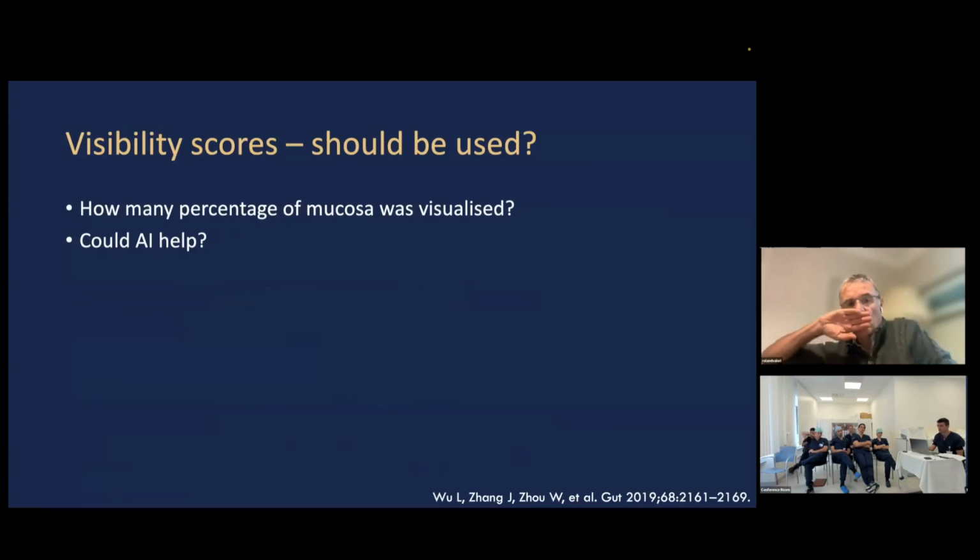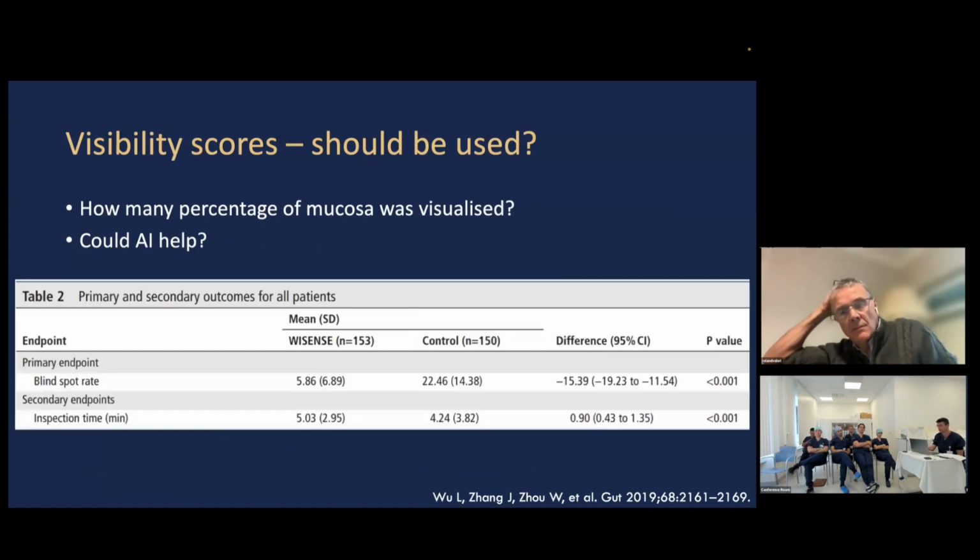Basically, they can tell us what percentage of the mucosa was visualized, and AI can be of help. This was published 4 years ago in GUT, where doctors from the Far East came up with a real-time AI algorithm that assessed the blind spot miss rate.